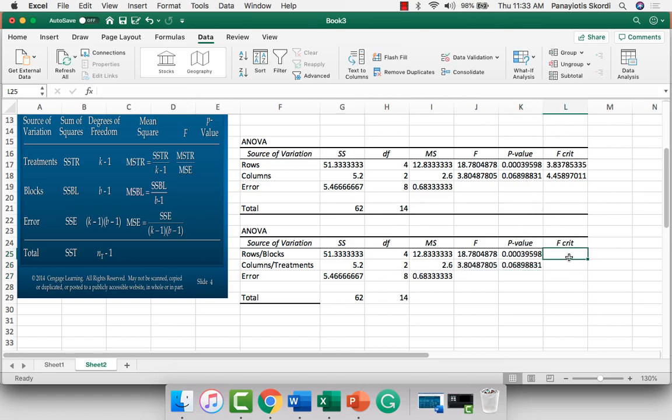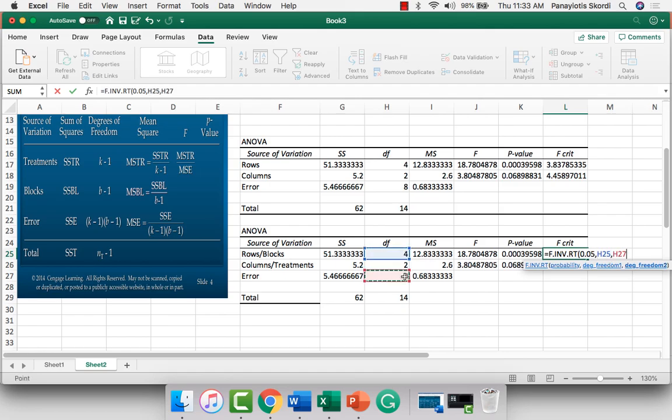And F critical is going to be F.INV.RT. To get that, alpha was 0.05. Remember, if they don't tell you, just assume that it's 5%. And again, you have to use the degrees of freedom that you used in generating this whole row, which is going to be the 4 and then the 8.